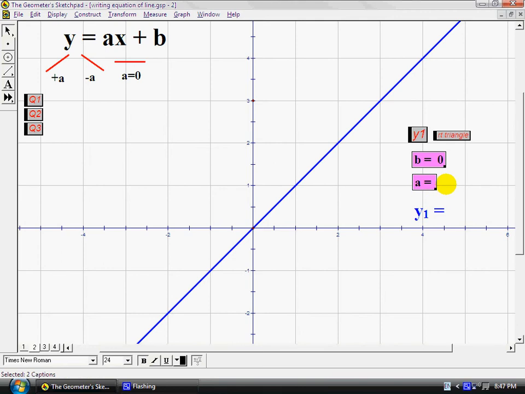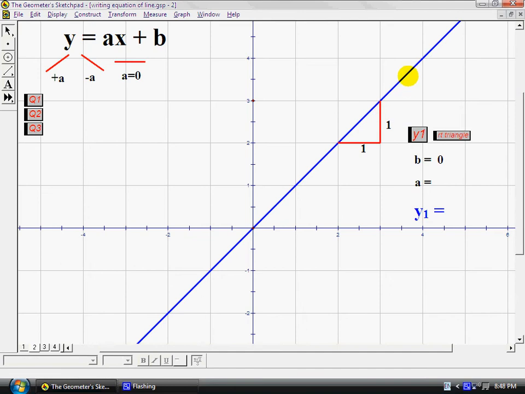Now for the slope a, take note that a must be positive because the line is directed this way. The slope is the change in y over the change in x. So where do we get y and x? We just form a right triangle.